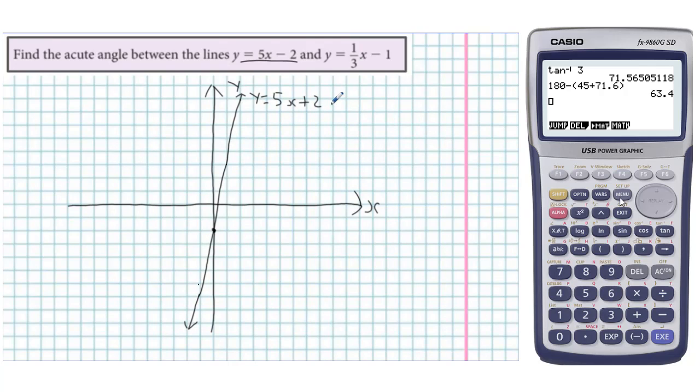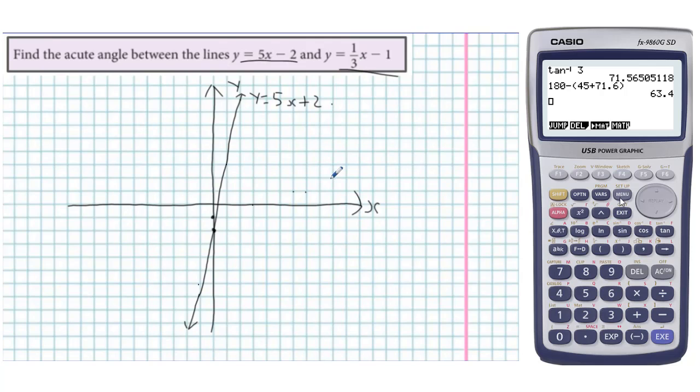For y equals a third of x minus 1, the y-intercept is at minus 1, just there. And it has a gradient of a third, so basically every time it goes 3 along, it goes 1 up. So from here, 1, 2, 3 along, 1 up, and so on.